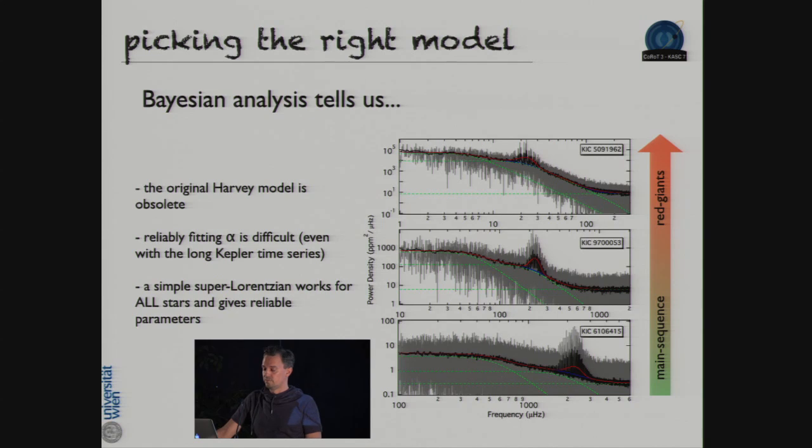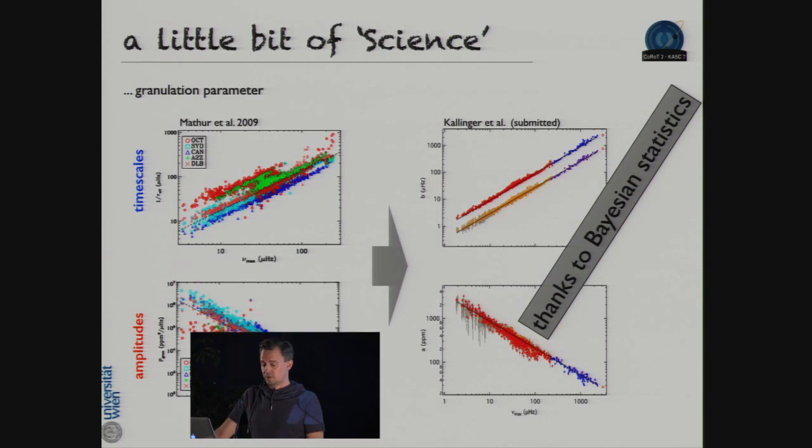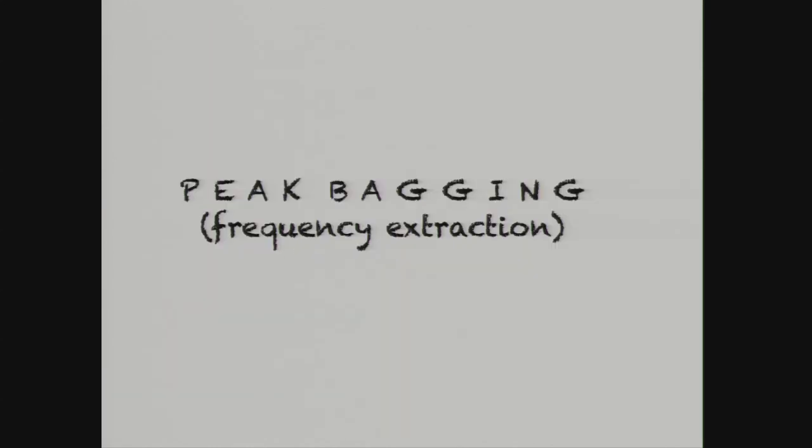And we also learned that the simple super Lorentzian profile works for all stars in our Kepler sample and gives reliable parameters. So thanks to that lesson, we could extract the granulation timescales and amplitudes in a much better way than was done before, and could actually do some science with them.